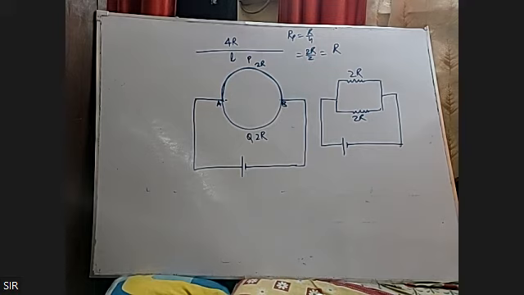It has 4 resistances, 2 ohm each, joined end to end to form a square ABCD. It is not 4 ohm, it is 4 resistances of 2 ohms each.